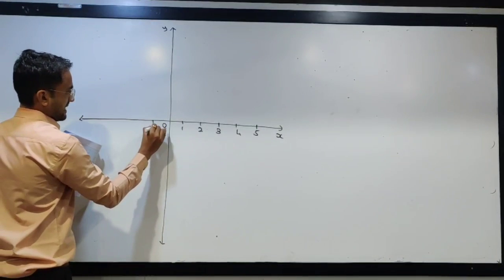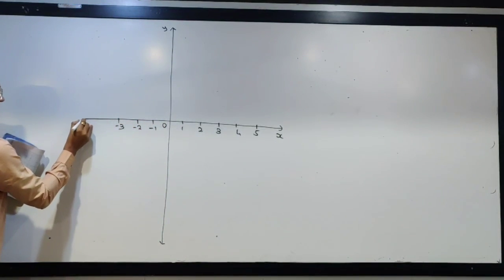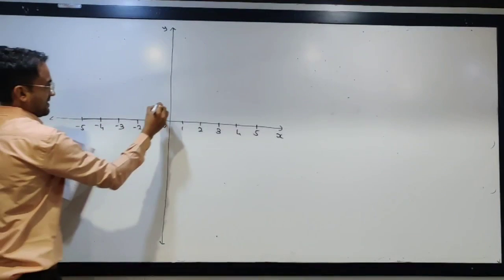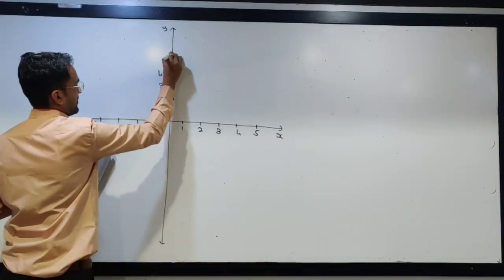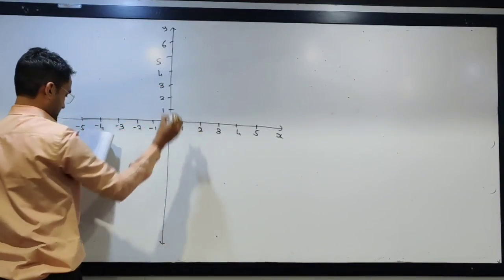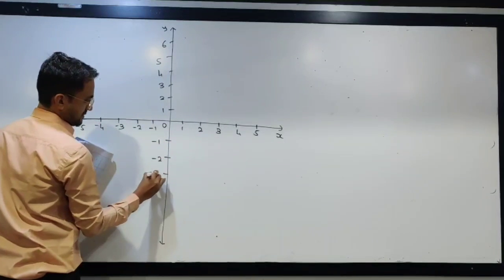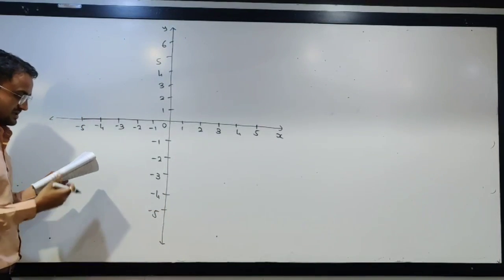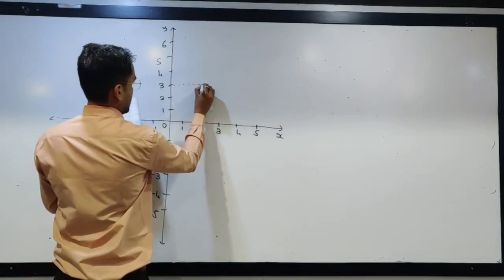Here -1, -2, -3, -4, -5. Here 1, 2, 3, 4, 5, 6. -1, -2, -3, -4. So here the figure is like this.